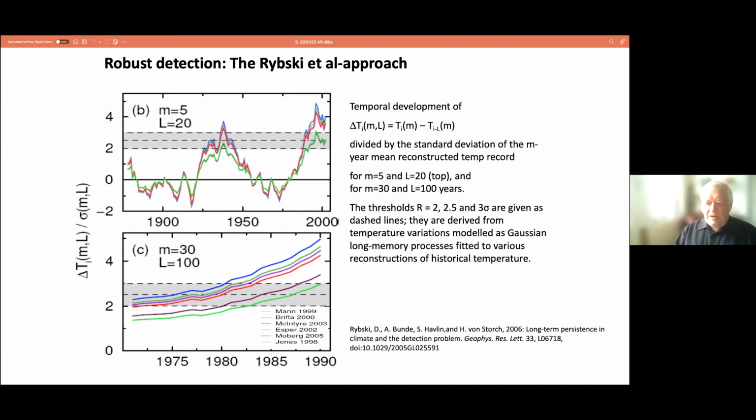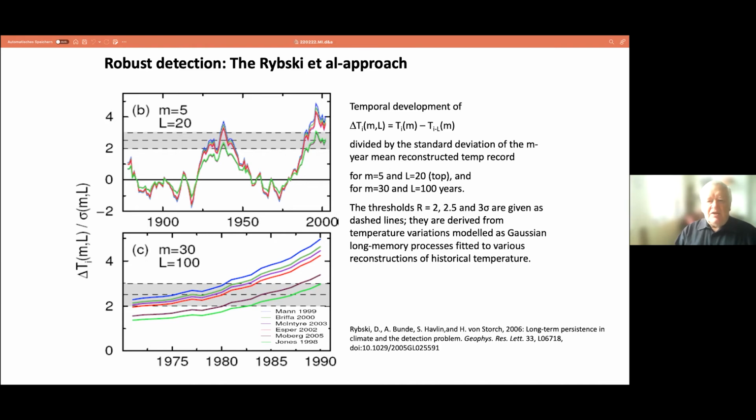And the dashed lines model Gaussian long memory processes fitted to various reconstructions of historical temperature. So we have here Mike Mann's work, but also of the climate skeptic Steve McIntyre, and others like Moberg and Jones. And the result is almost the same.